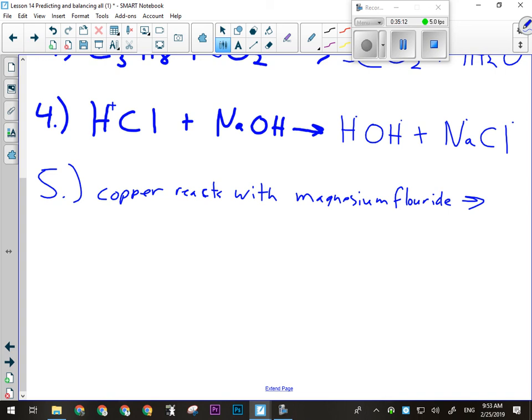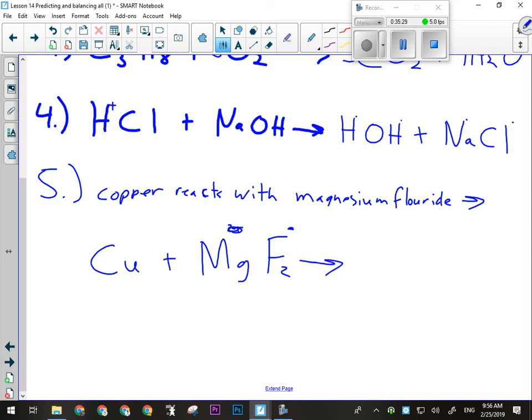Copper reacts with magnesium fluoride. All right, so I got copper as an element, reacts with magnesium fluoride. So Mg with F, this is a 2 plus, this is a 1 minus, so we're looking at MgF2.